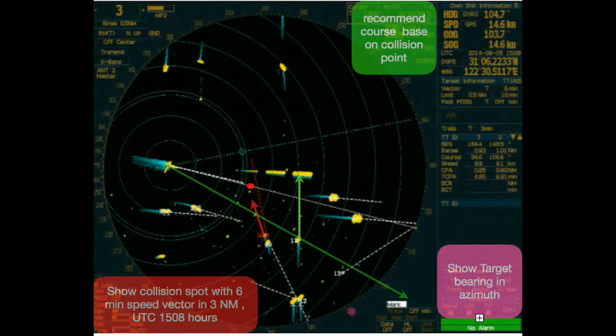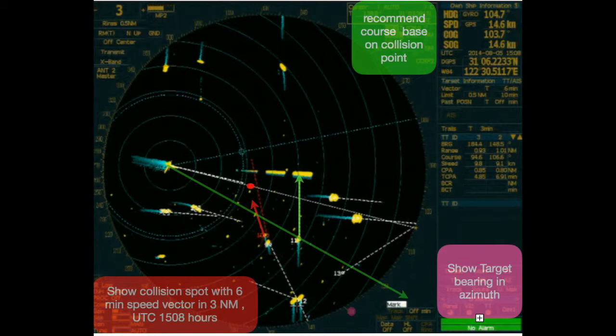For own ship to arrive at this collision spot is about 8 minutes, and for the tug vessel to arrive is about 4 minutes. The time to arrive is compared using own ship's speed vector and the target speed vector. So this is a simple truth.